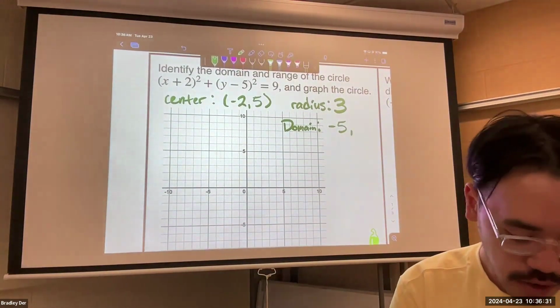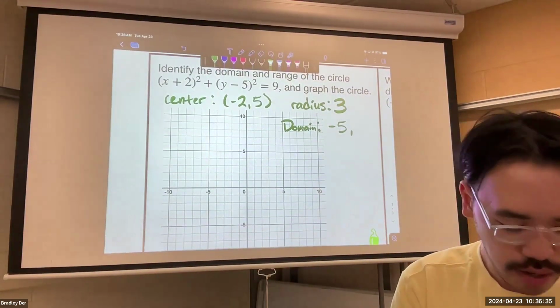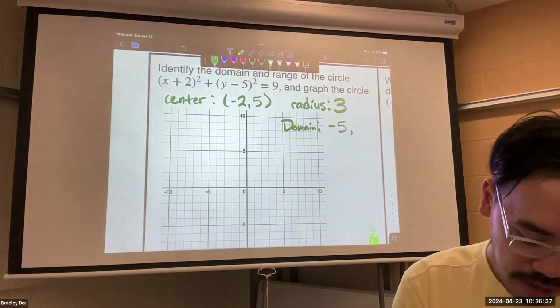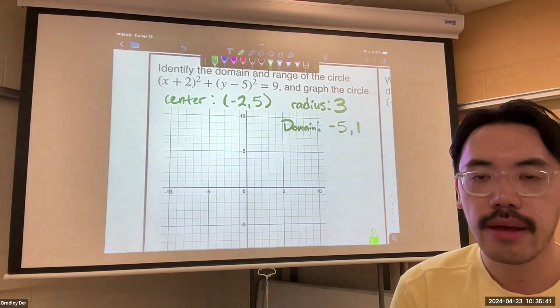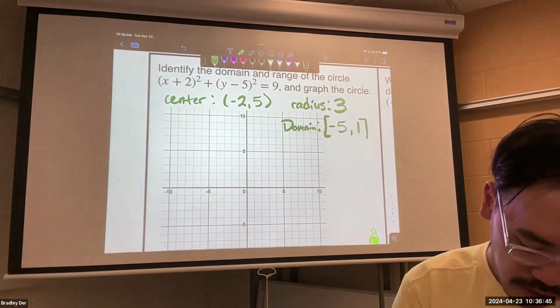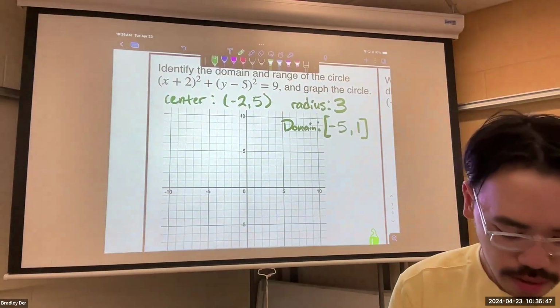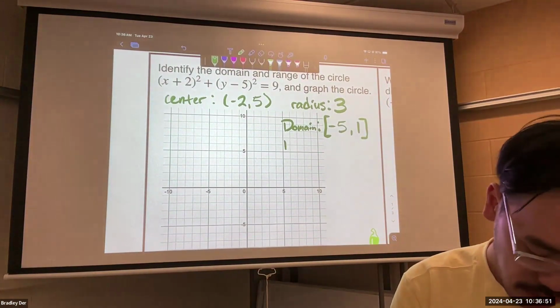Going in the other direction, with a circle centered at -2 and radius of 3, the maximum x value would be 1. Because I expect the circle to include these points, and we can verify this later when we graph the circle, I'm going to use brackets as opposed to parentheses.